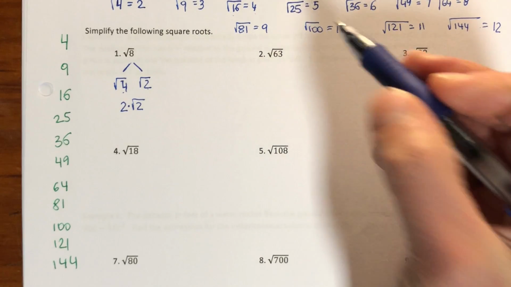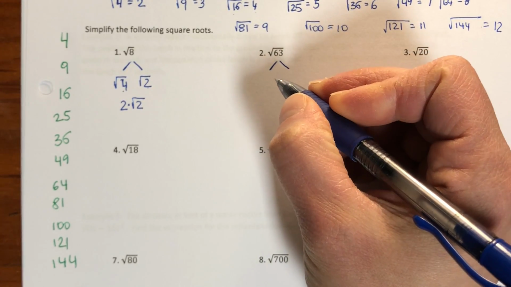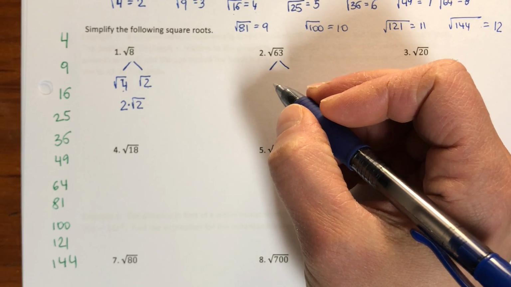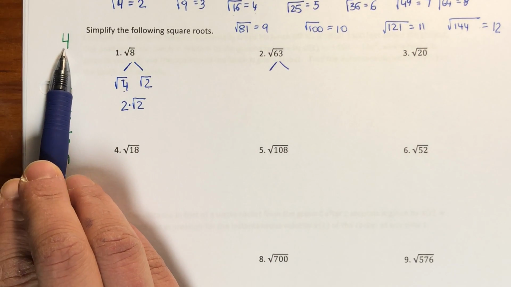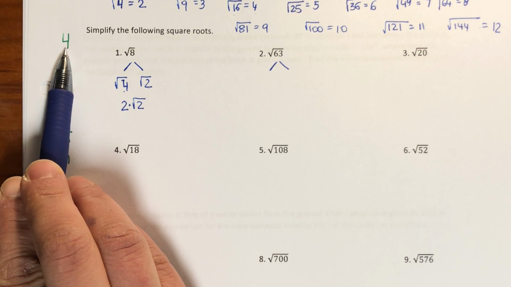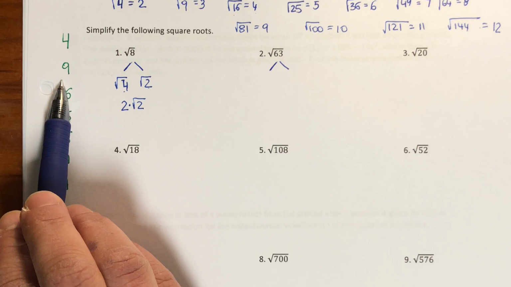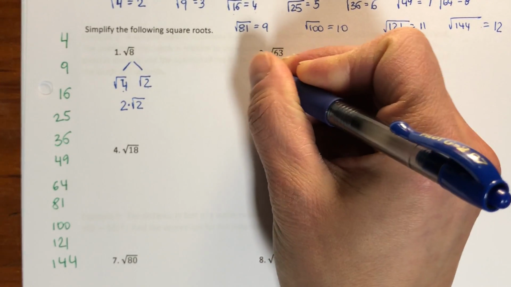All right, let's think about 63. Can we write this as a multiplication of a perfect square and some other number? So 63, is 63 divisible by 4? Well, it's an odd number, so it's not. Is 63 divisible by 9? That's nice. 9 times 7.